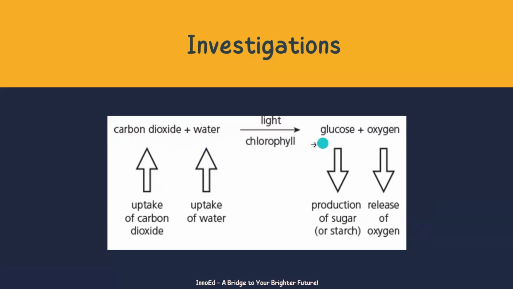Then those two are converted into glucose. That's why the leaf will have more glucose and starch. And also oxygen is produced. That's why more and more oxygen will be released into the surrounding. So these concepts will be used in the later investigation procedures.